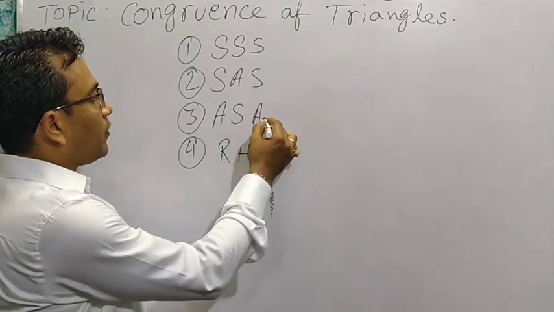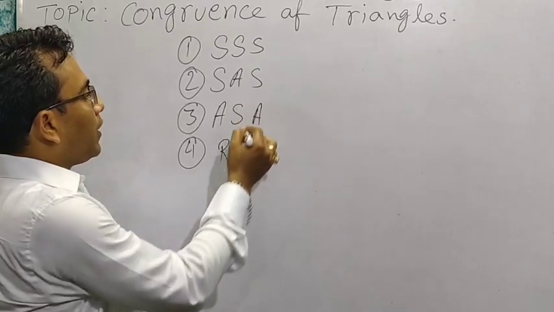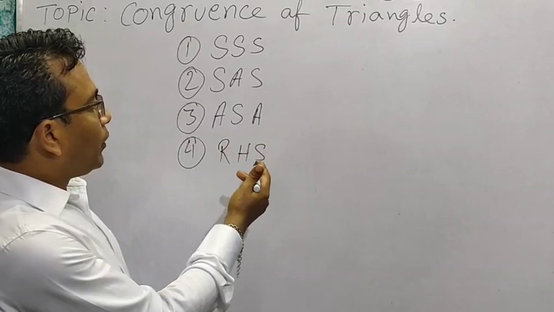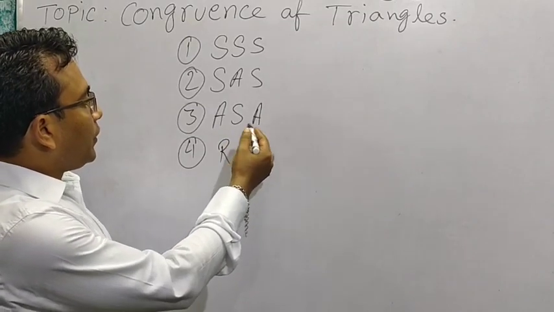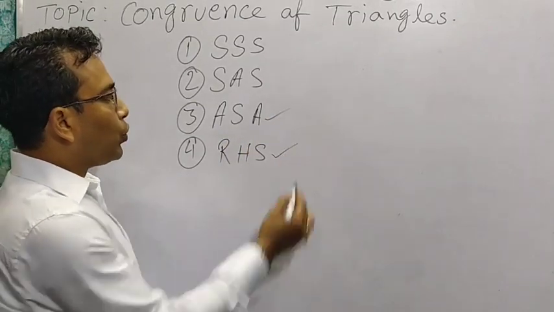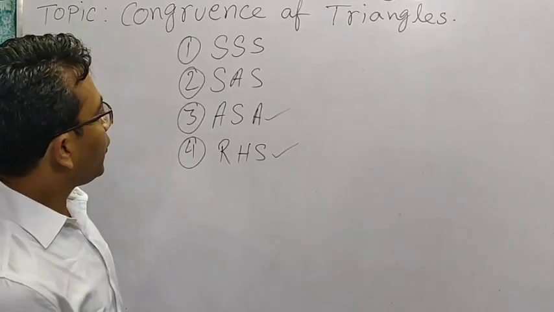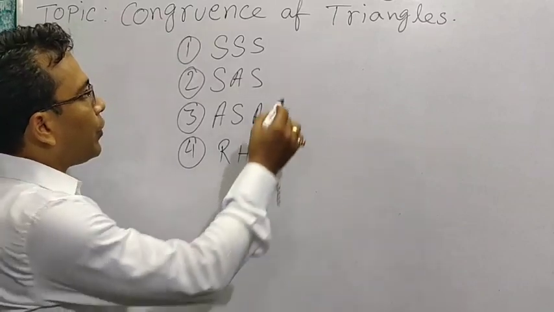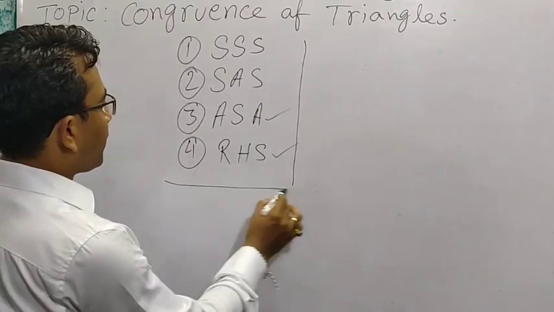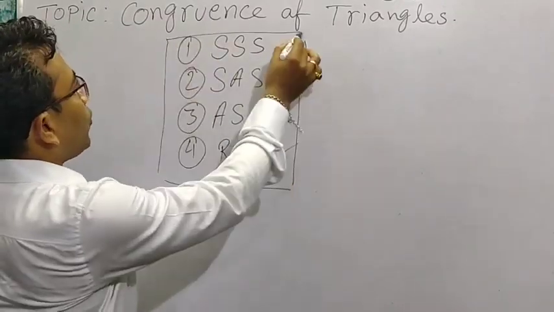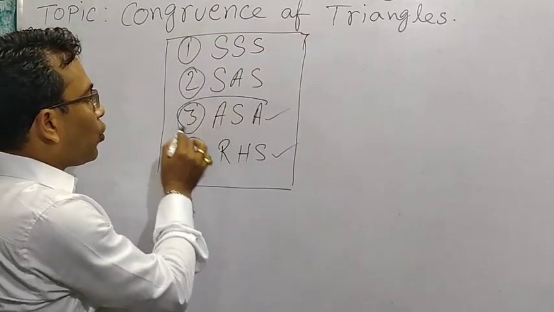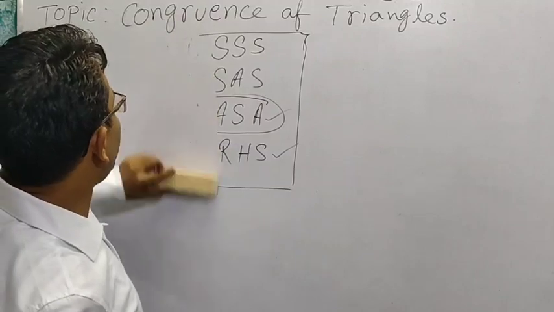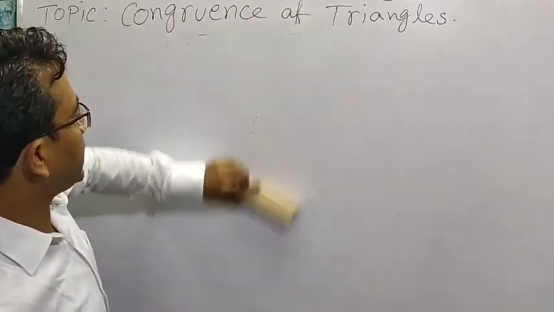Here we are going to know these two, angle side angle. So in this case, when we are going to know this congruence rule, we have to draw two triangles.